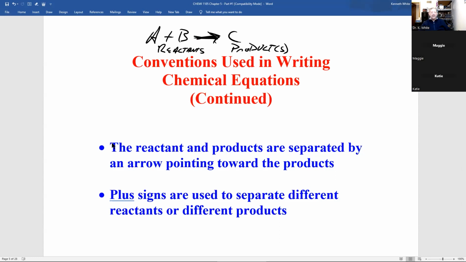And the arrow always is pointing to the products. See, the arrow is pointing to C, the product. Now, plus signs are used to separate different reactants.